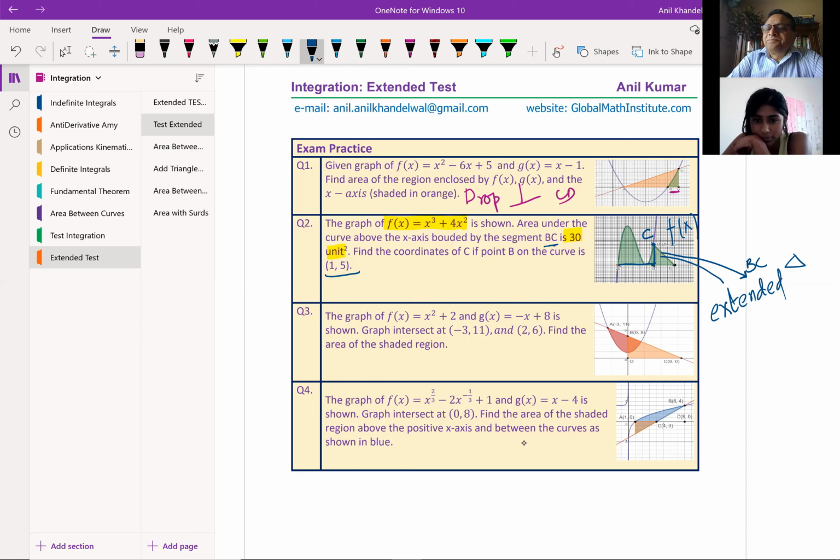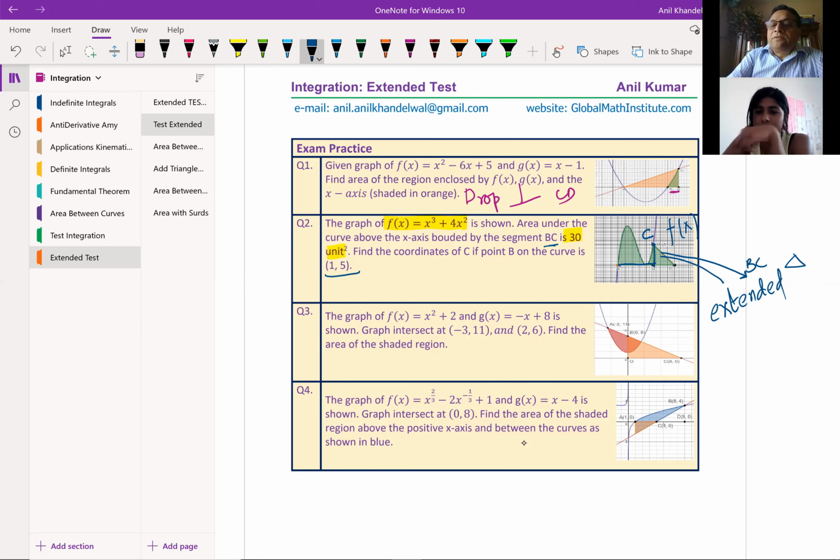What do you think? To find the area of the triangle. So if I have to find the area under the shaded green area, what is that? The area you highlighted under there plus the triangle. Plus the triangle, correct.